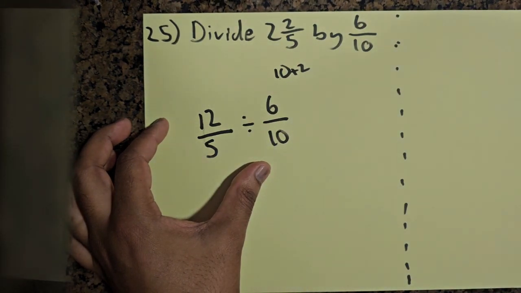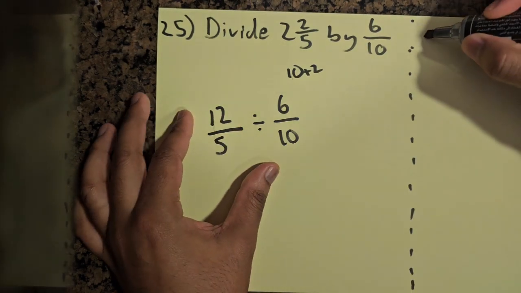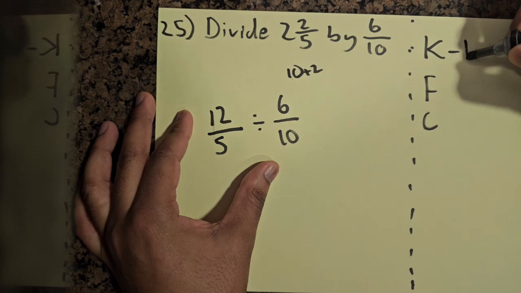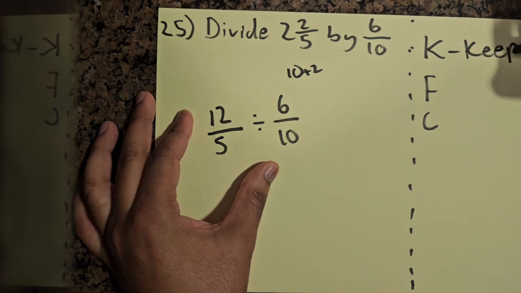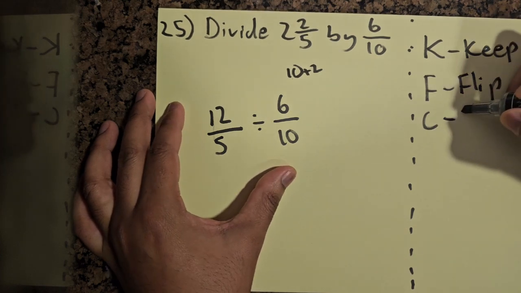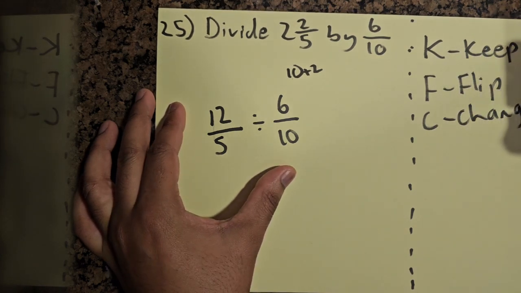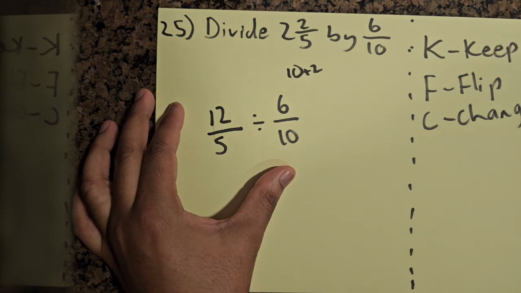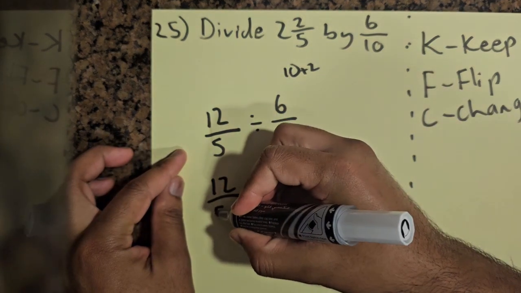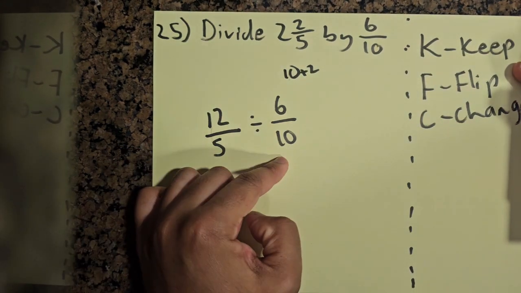Then what we're going to do next, this is a division. So again, we're going to use that rule, KFC, keep, flip, change. What are we keeping? Keeping the first fraction. What are we flipping? The second fraction.